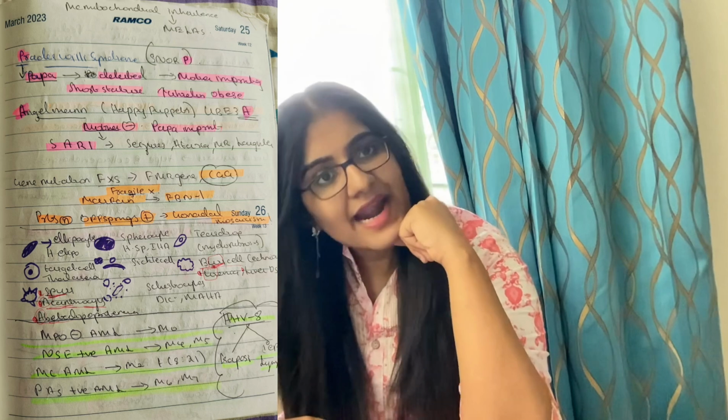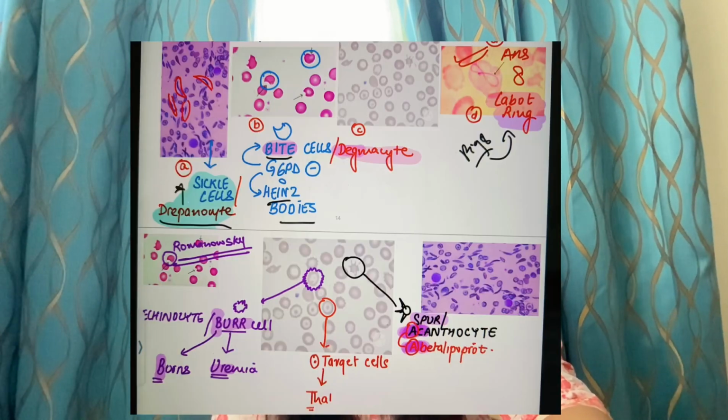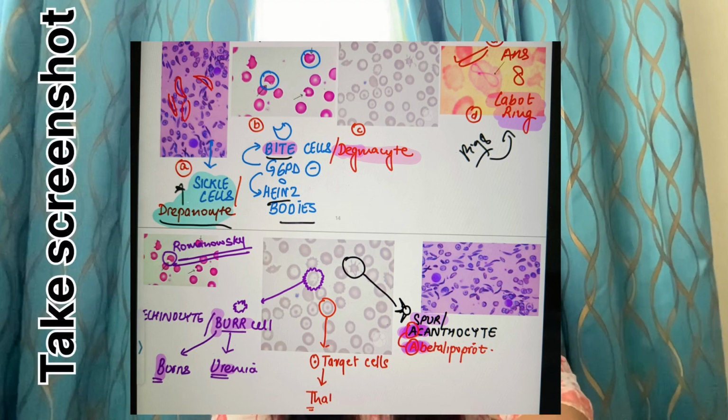Ghrelin will be increased in Prader-Willi only. And Angelman will be our mother. So the maternal gene will be deleted and the paternal gene will be imprinted there. Also remember Angelman, UBE3A gene. Then also you should see the pictures of the acanthocytes and all. And teardrop cells are for myelofibrosis. Should remember that. And burr cells, so uremia, you should remember that. Pictures you should see.